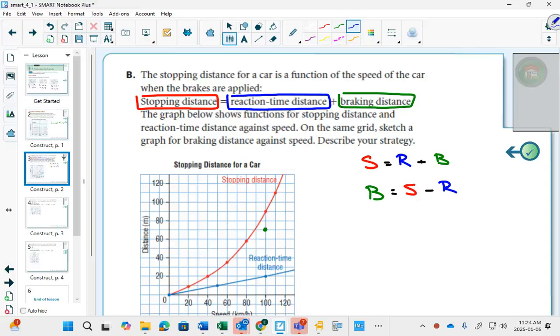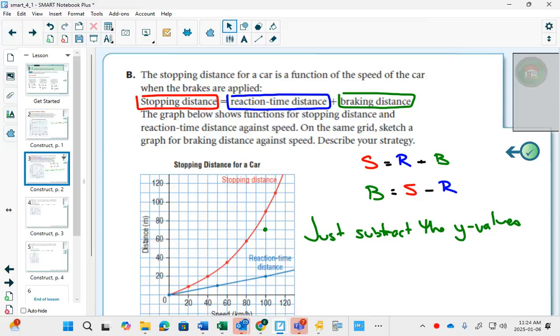And what do we do? It's pretty straightforward here. Just like last time where we just added the y values, if you have two graphs and you want to subtract them, you just subtract the y values.